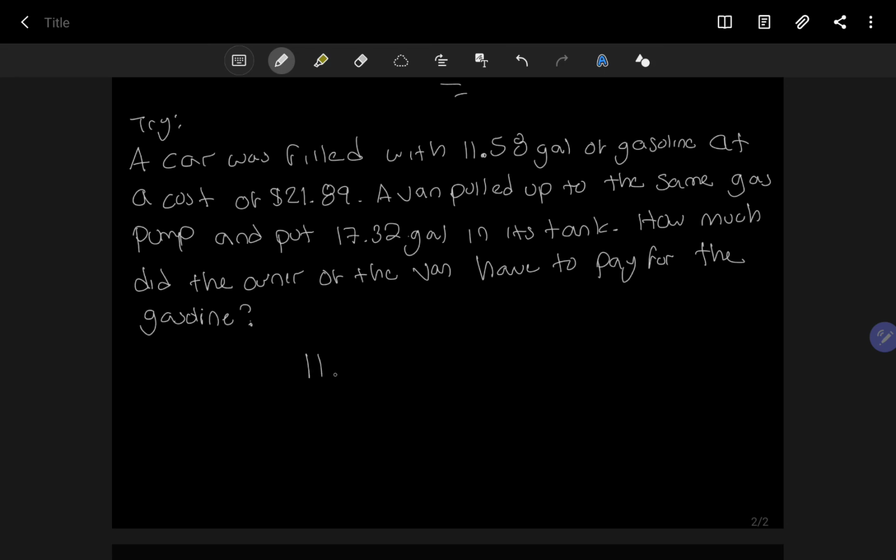So we can write that as 11.58 over 21.89 equals the other ones: 17.32 gallons, divided by X, because we don't know the price of that one. Now we can cross multiply.